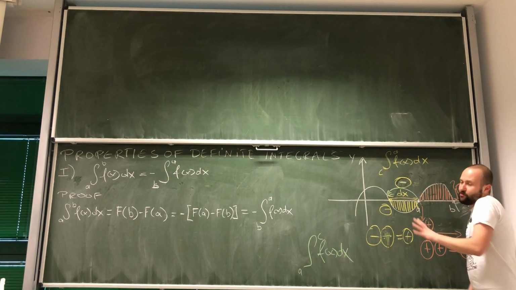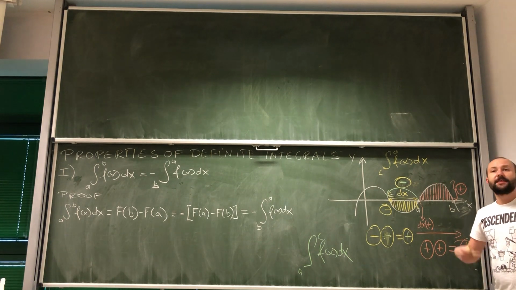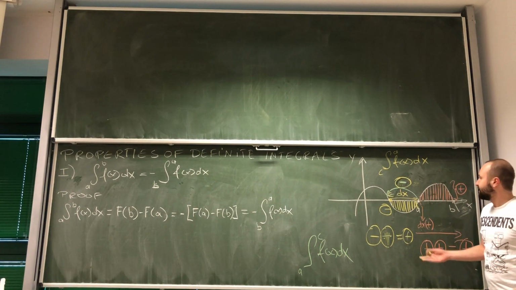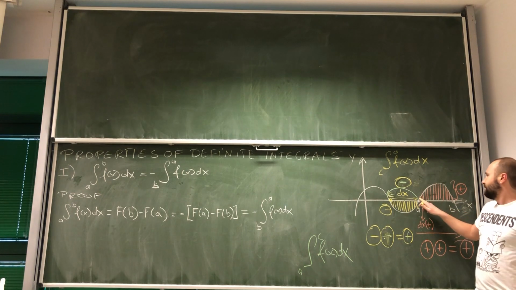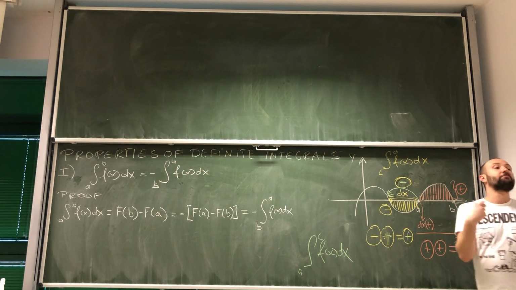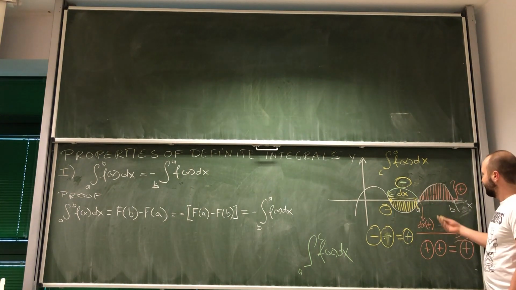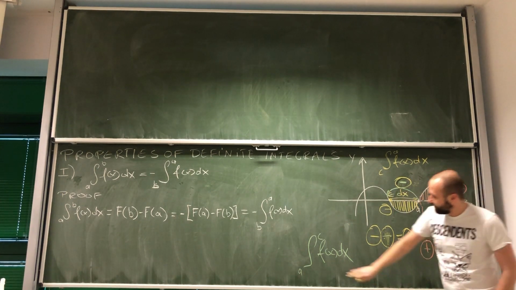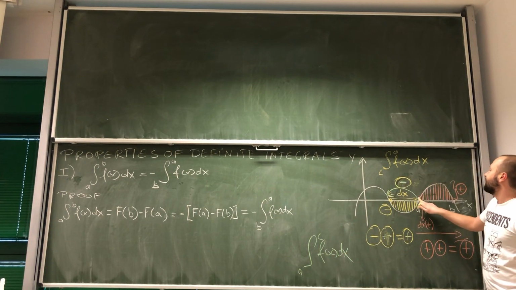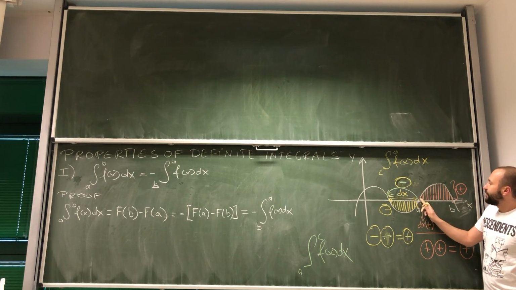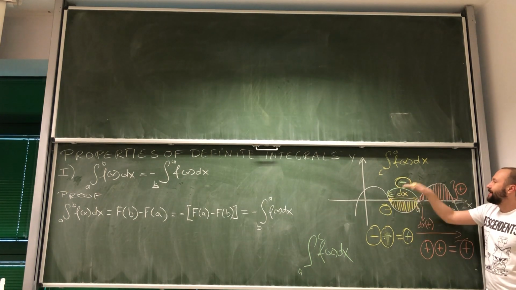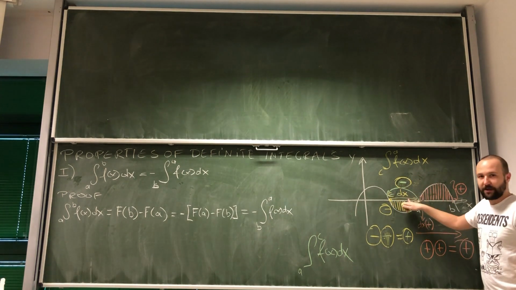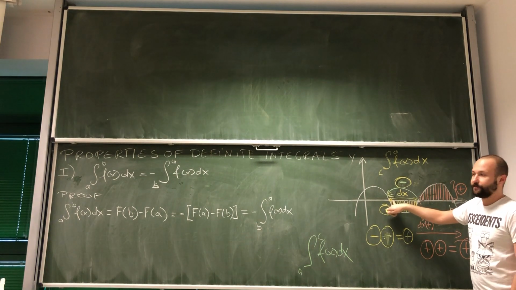Area should not have a negative size. There are plenty of ways in which we can overcome this, but the easiest, and let's just say the most elegant, would be simply to reverse the limits of integration, and by doing so, remember, we are moving in the opposite direction on the x's. The dx's are now becoming negative because we are moving from bigger to lower values.